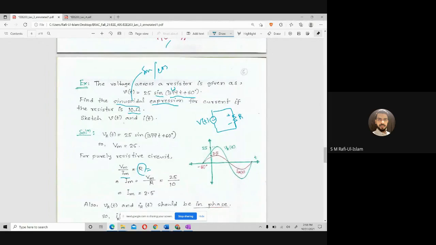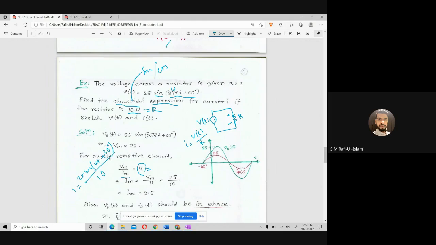Since the formula is like this, current is V of t divided by R. R is a constant value, R is 10. So I equal to 25 sine omega t, omega means 377, plus 60 degree, divided by 10. So this is all we'll get.